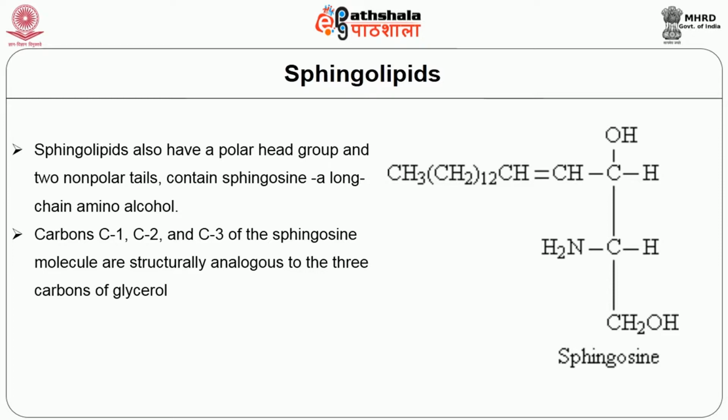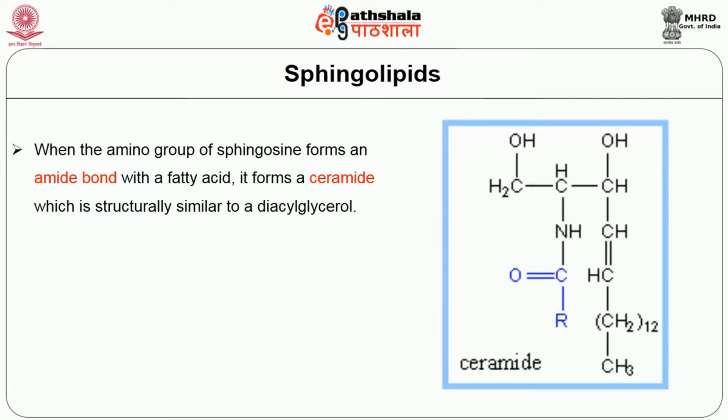Sphingosine contains a long hydrocarbon chain. When the amino group of sphingosine forms an amide bond with a fatty acid, it forms a ceramide, which is structurally similar to a diacylglycerol. Ceramide is the structural parent of all sphingolipids.